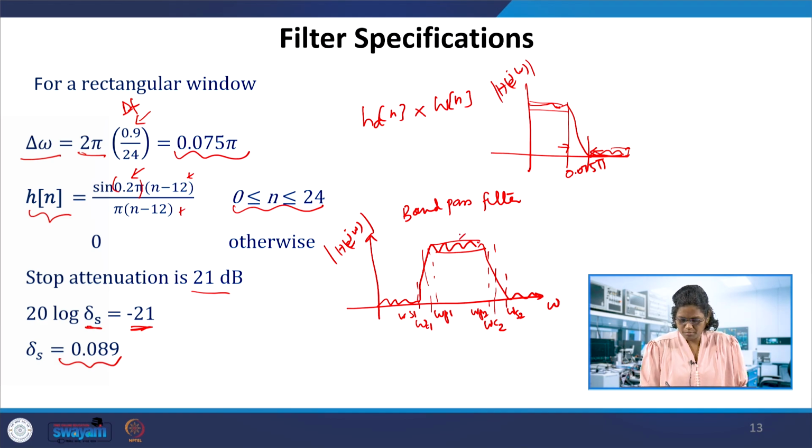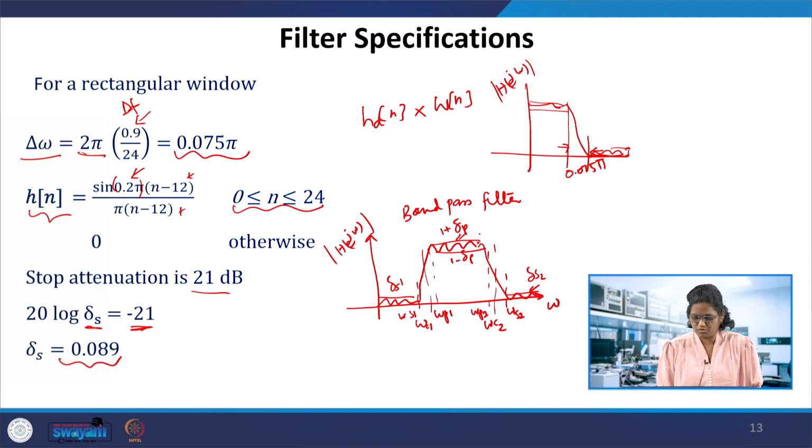So the pass band ripple is over here, and you will have the stop band ripples delta 1 and delta 2. So this is 1 plus delta p and 1 minus delta p. The specification will be different in the case of a band pass filter, and again hd of n will have the two cutoff frequencies: sine of omega c1 into n minus alpha by pi into n minus alpha, minus the same with omega c2, or omega c2 minus omega c1.